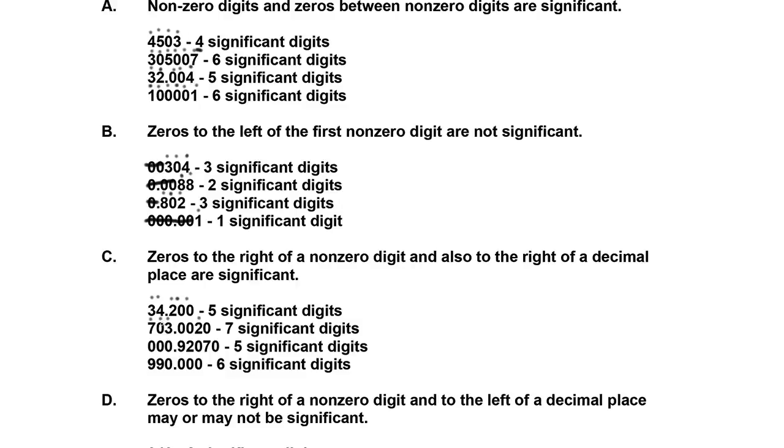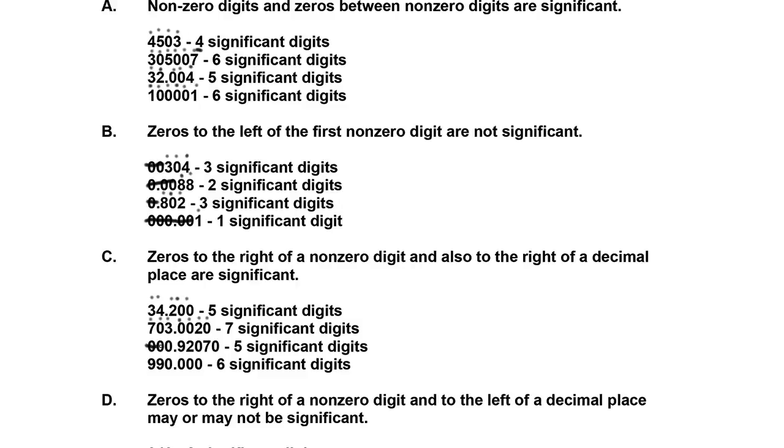This 0 is significant because it's between two non-zero digits. And these 2 zeros are significant because they are between non-zero digits. And this 0 is significant because it appears at the end of the number and to the right of the decimal place. So all 7 of those are significant.